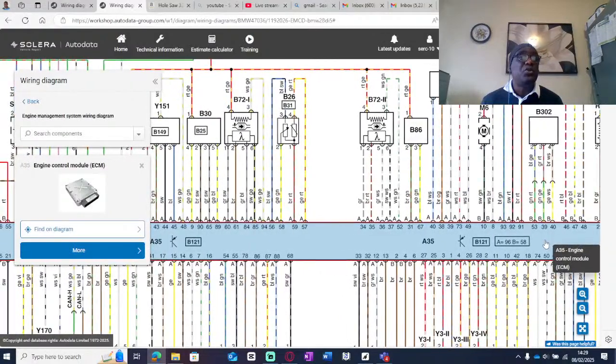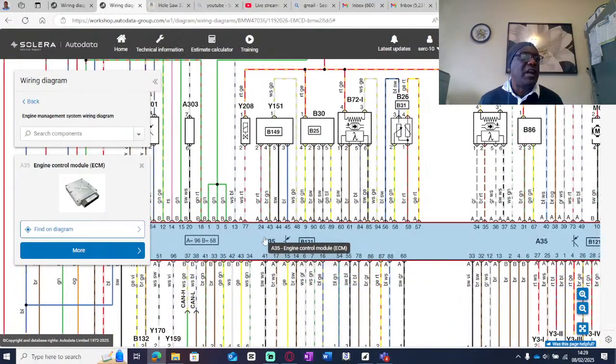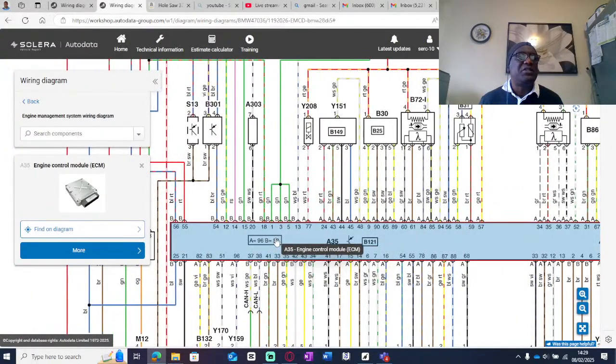Usually they use a black, they use a brown, and then they use a gray. So that one there is a barometric pressure sensor. You know, you see it on the ECU, that's your B121 there.